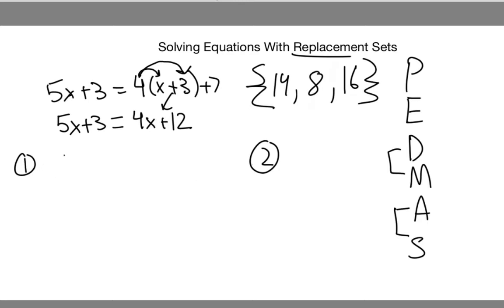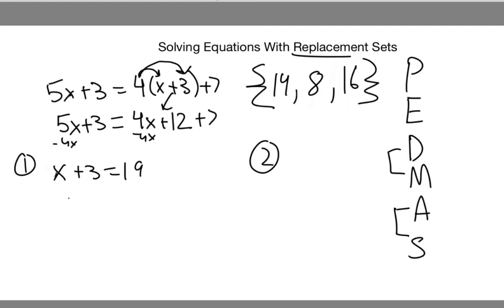So for option number 1, we're going to continue solving this way. We distributed, and we're going to have a 7 at the end. So we're going to have 5x. First, we're going to subtract 4x from both sides. And that would just give us x plus 3 equals 12 plus 7 is 19.